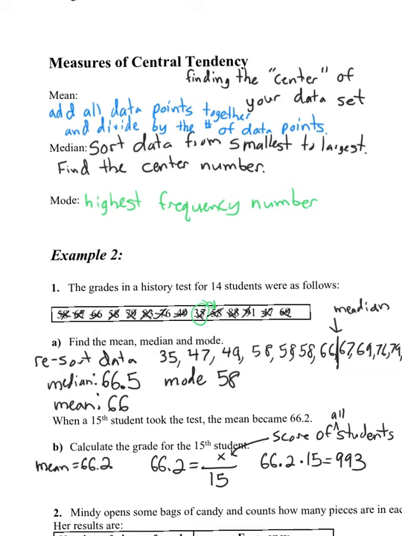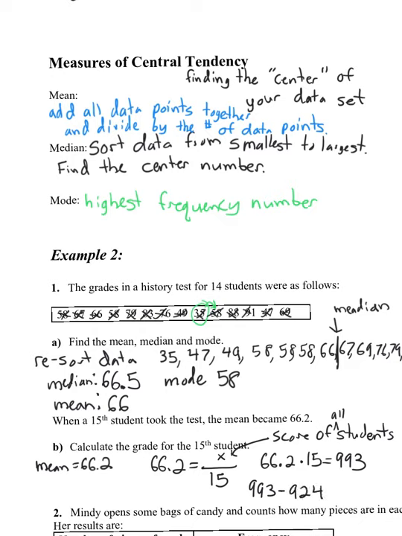And what was the total of my scores before on the previous problem, part A? 924. Perfect. So I can do 993 minus 924.